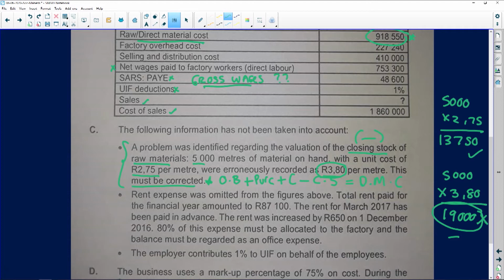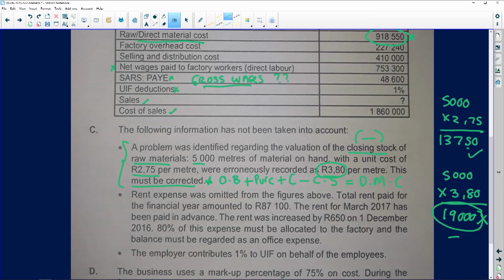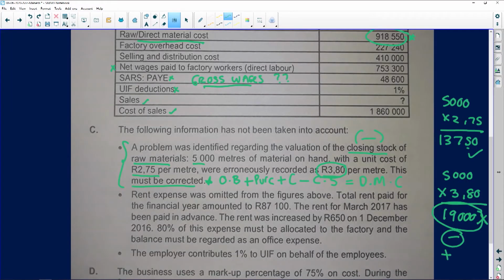Okay, I'm going to go a bit slower now. Remember, we should have only subtracted 13,750, but by mistake, we subtracted a bit too much. We subtracted 19,000. So how do I fix this? I need to add the difference.